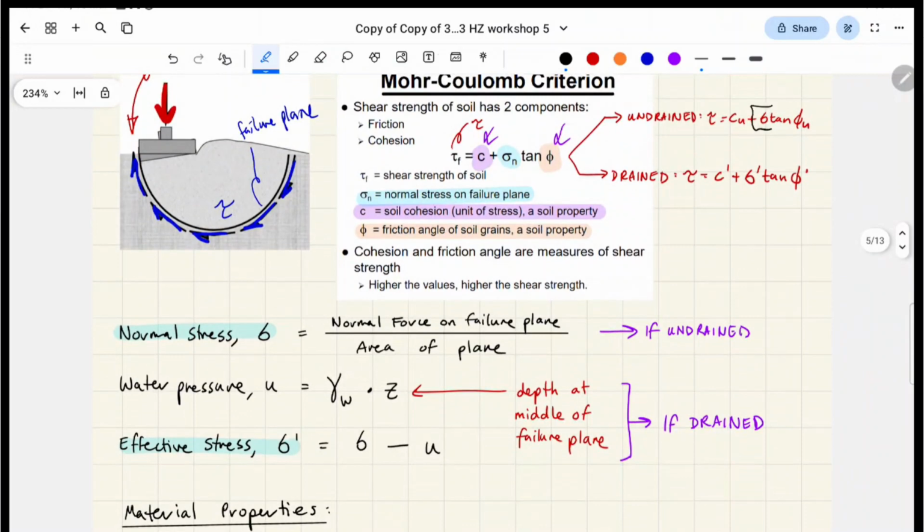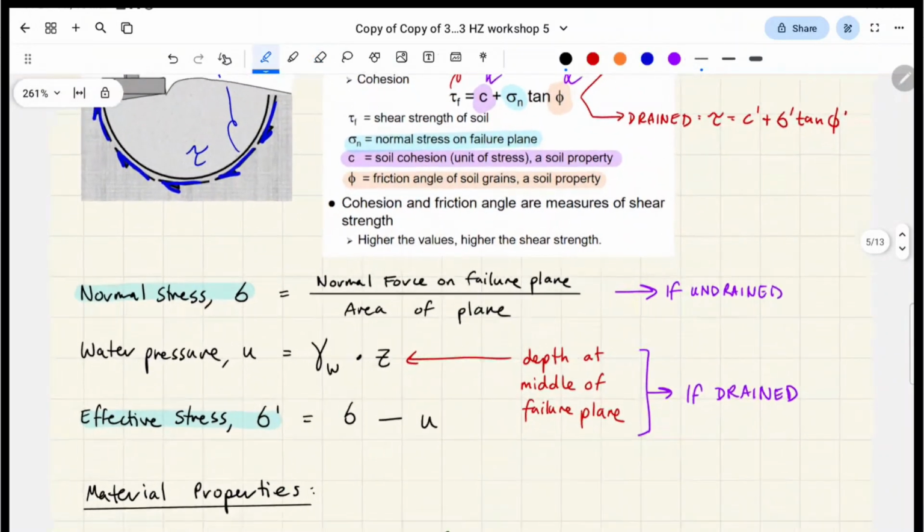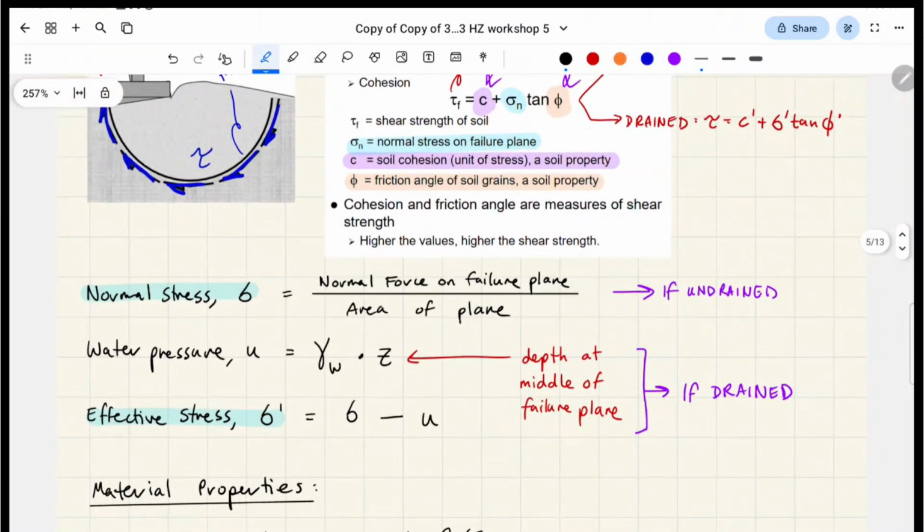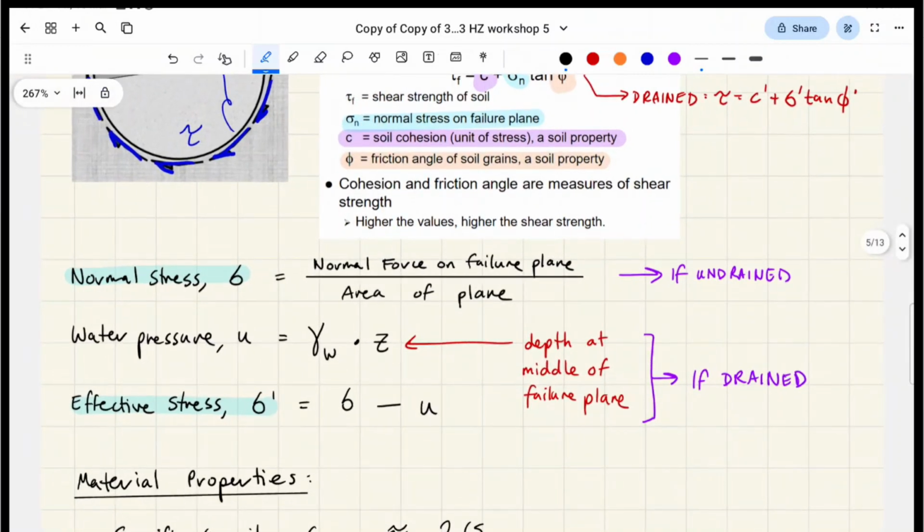So let's talk about this component there. That's the normal stress, and normal stress, in general, is your normal force over area. The forces we have to look at are the forces acting on the failure plane, and A is the area of the failure plane.